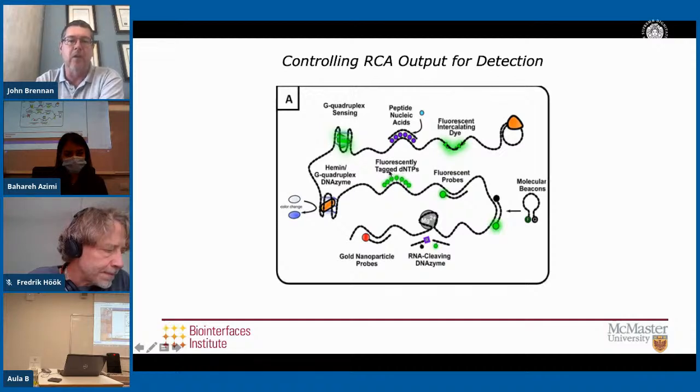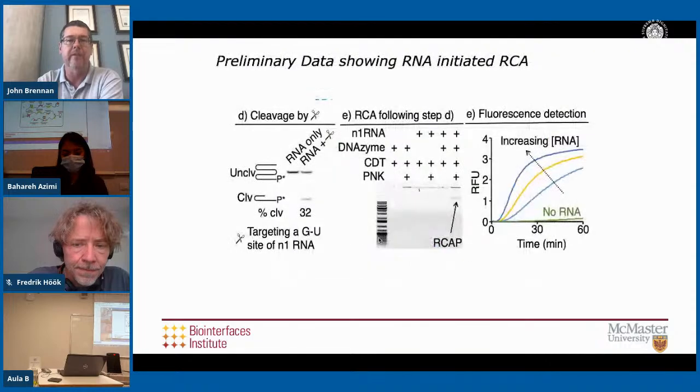We can incorporate fluorescently tagged dNTPs that will be covalently inserted. We can use cDNA with the fluorescent tag. We can use molecular beacons. We can generate new RNA cleaving DNAzymes or bind gold particles. Another thing we can do is build in restriction sites and monomerize this if we want. So the beauty of the RCA is we have all kinds of potential to generate different outputs.